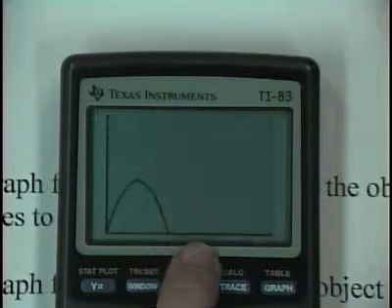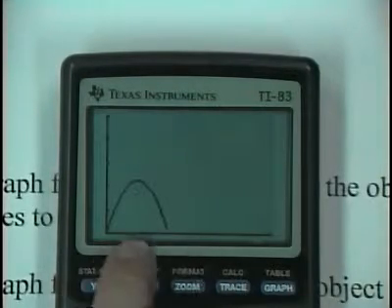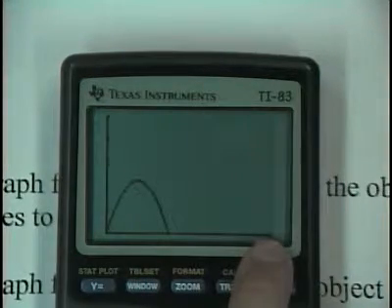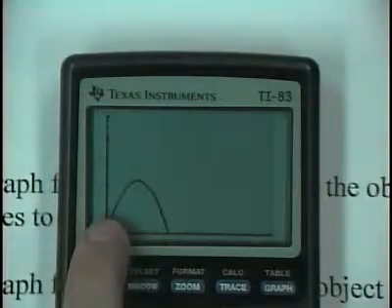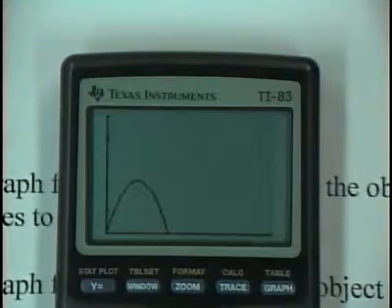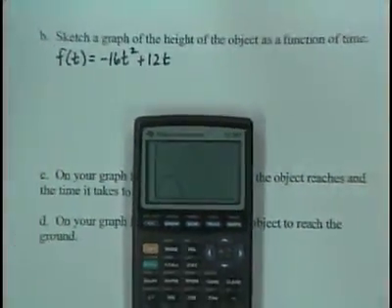Now notice the tick marks on the axis. In the x direction I left the scale of 1, so there's 1 second, there's 2 seconds. In the y direction I left the scale at 1, and so there's 1, 2, 3 feet, 4, 5 feet. And this is the graph that we want to translate to our paper. So let's see.